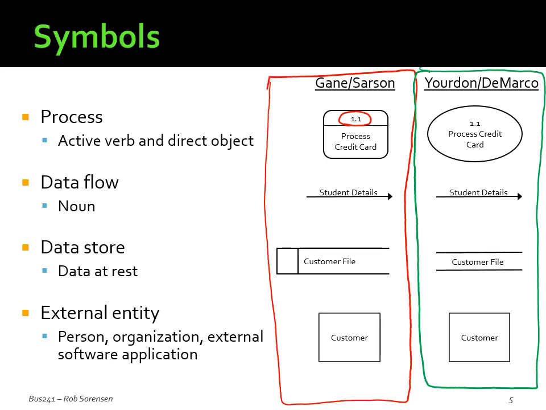And then we've got a description and a name for the process. Notice the very first thing here that we see is a verb. So we have a verb followed by some sort of object. In this case, we're going to process the credit card. All right, so that's an activity or a business process.